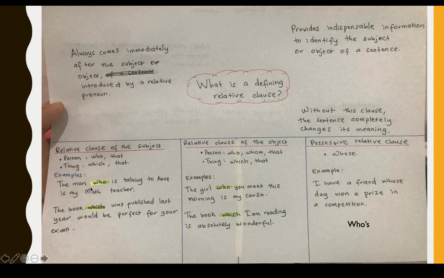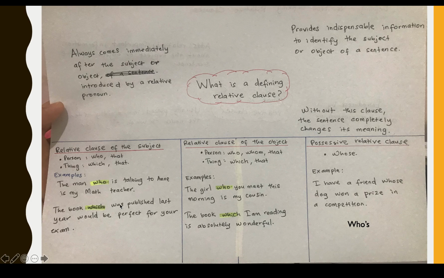So can you see how the information in the clause is essential? Because look here. We don't know which man the person is talking about unless we say who is talking to Anne. So this gives you specific information that is essential to understand the rest of the sentence.